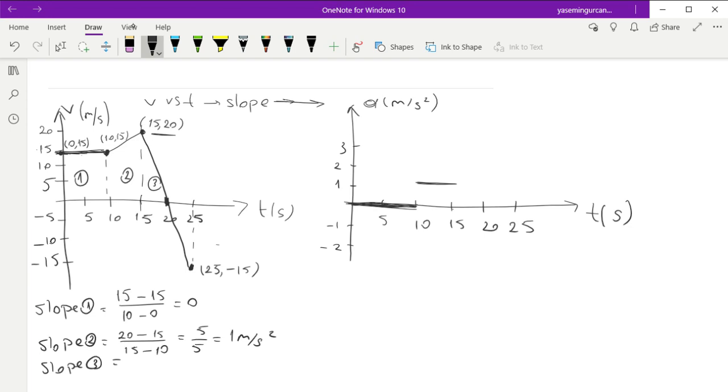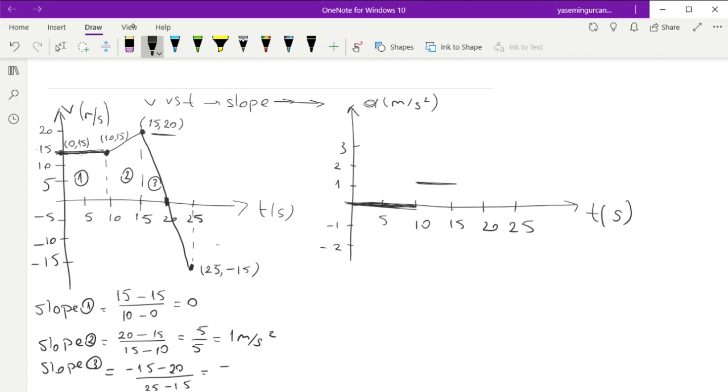So let me just write it here. y2 for the third region is minus 15 minus y1, which is 20, divided by x2, which is 25, minus x1, which is 15.